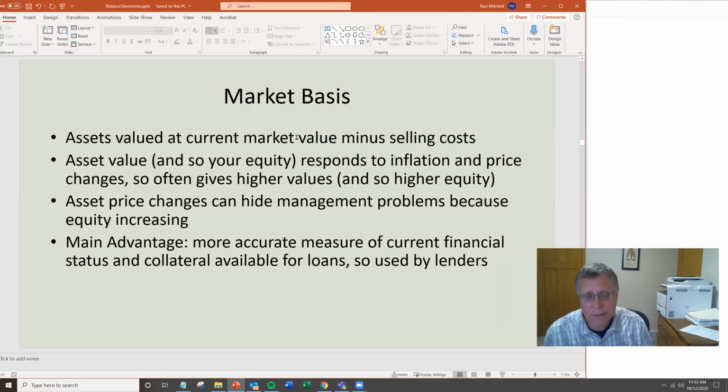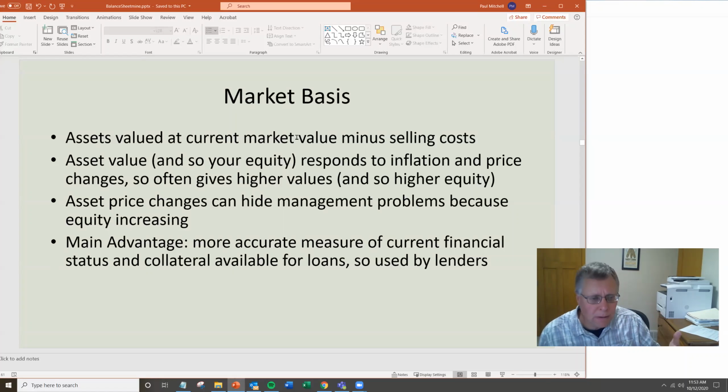Land generally goes up in value, but it can go up and down. That means your equity will go up and down as the assets go up and down in value. Your liabilities don't change. So as the assets go up in value, the equity increases. As the assets go down in value, your equity decreases.